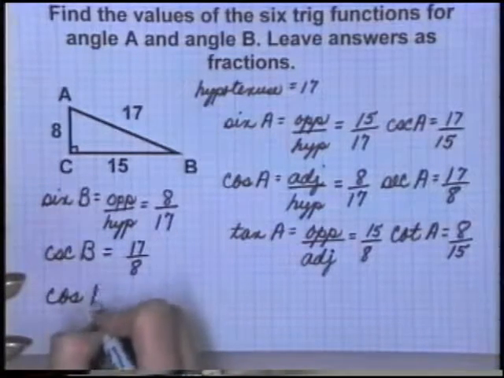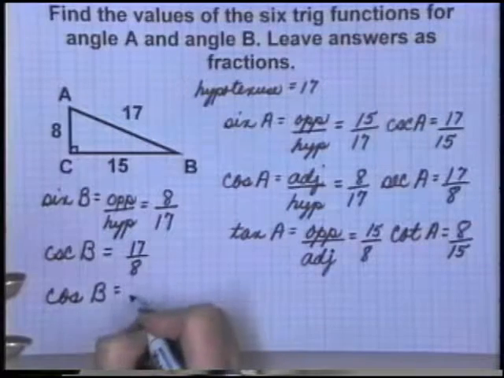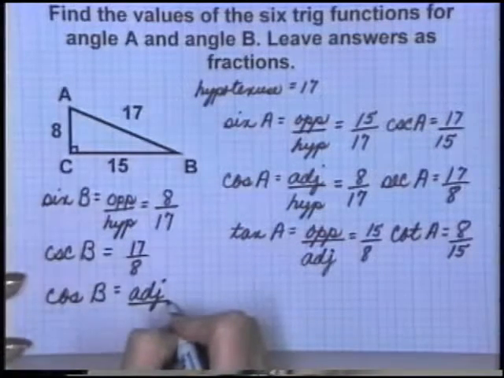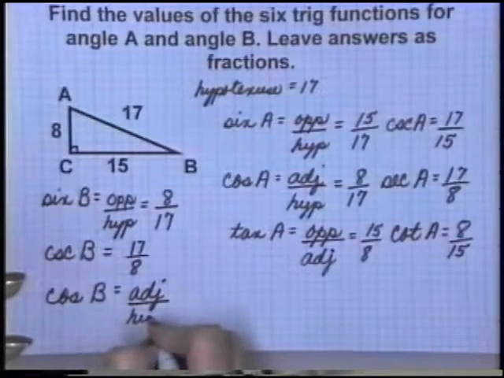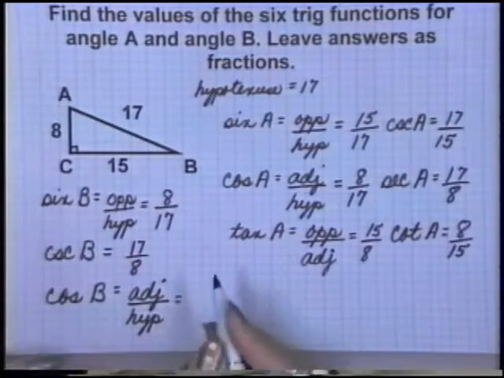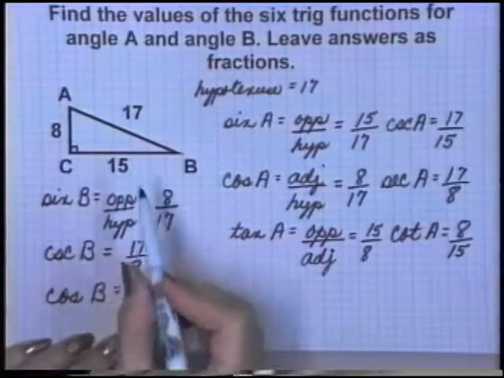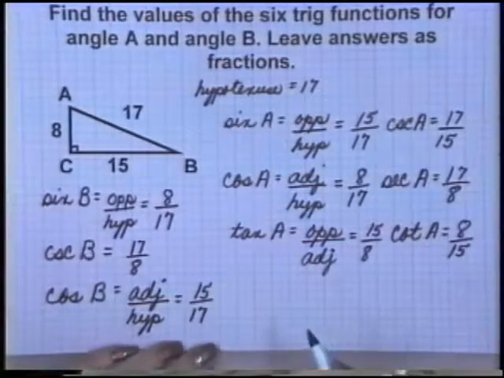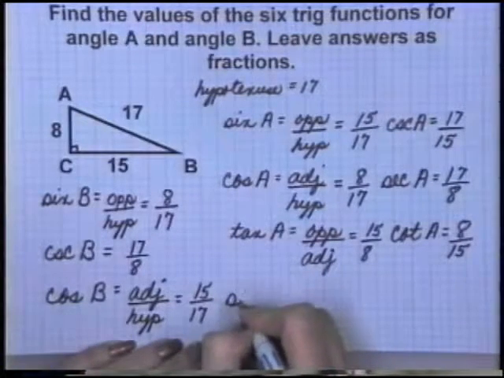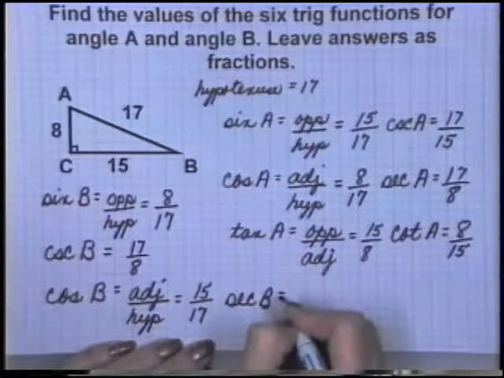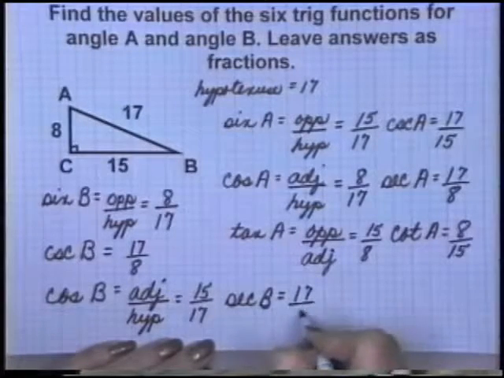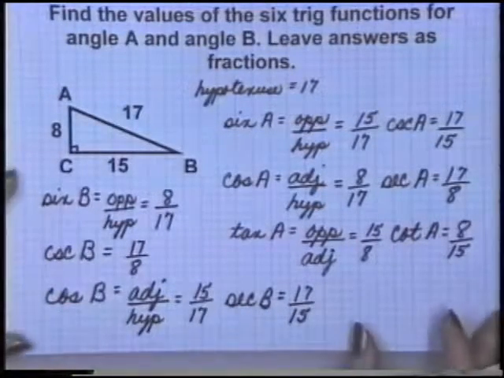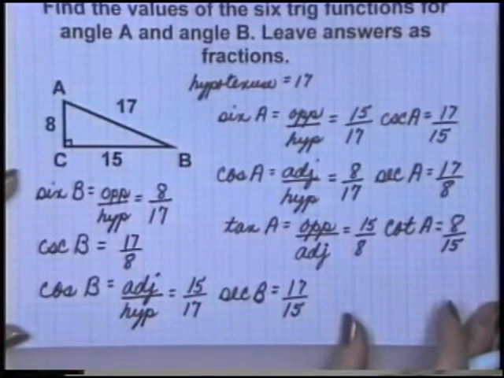Let's find the cosine of angle B. That would be the leg adjacent to angle B divided by the hypotenuse, and the leg adjacent to angle B is 15, so that would be 15 divided by 17. And let's find the secant of angle B, which would be the reciprocal of the cosine, which would be 17 divided by 15. And let's see if I've got enough room.